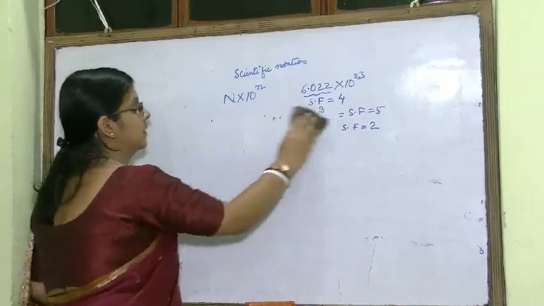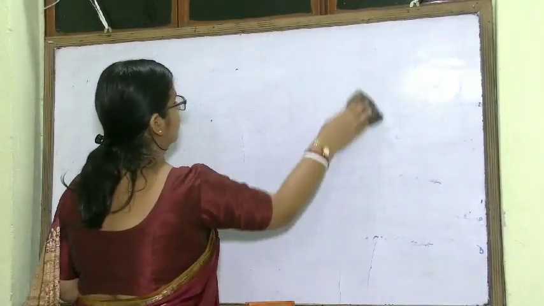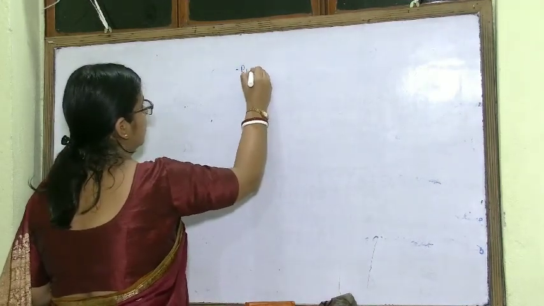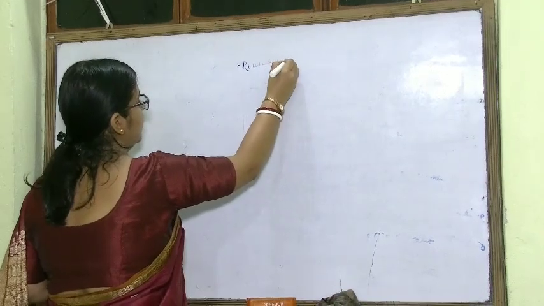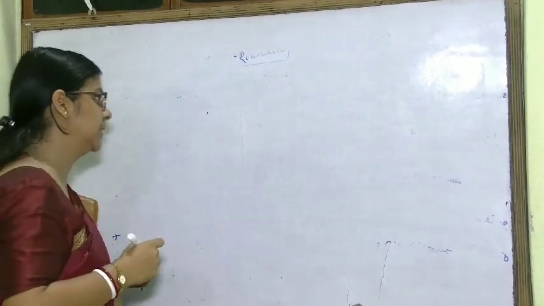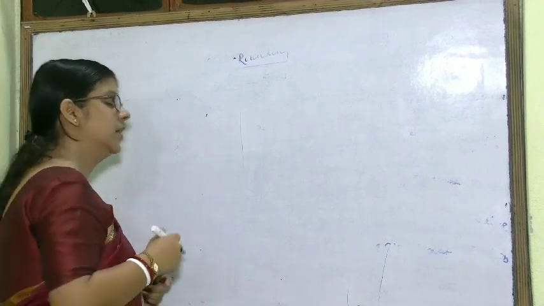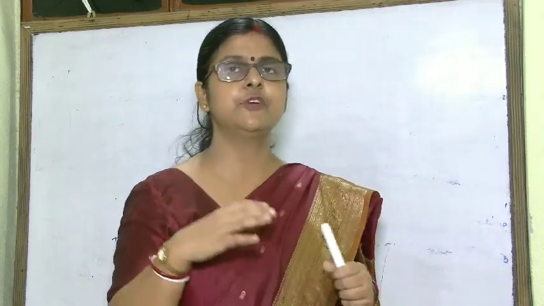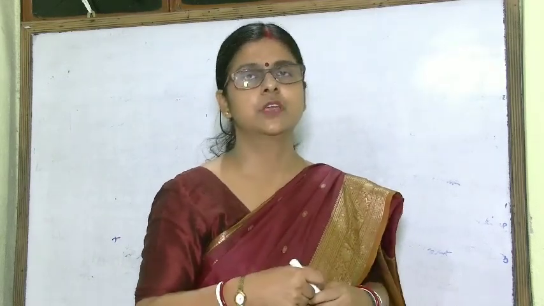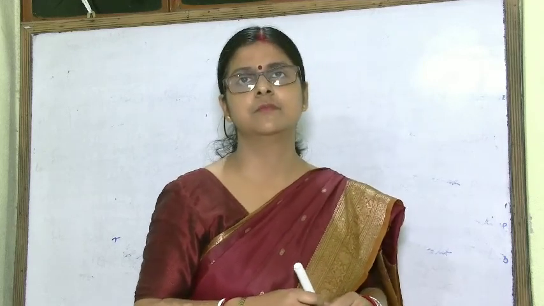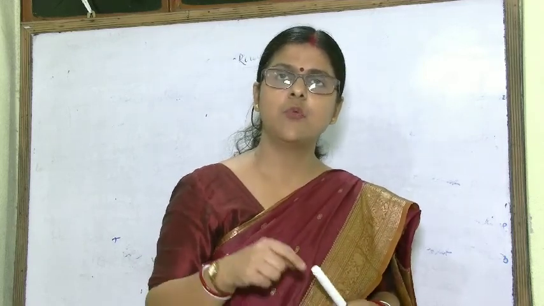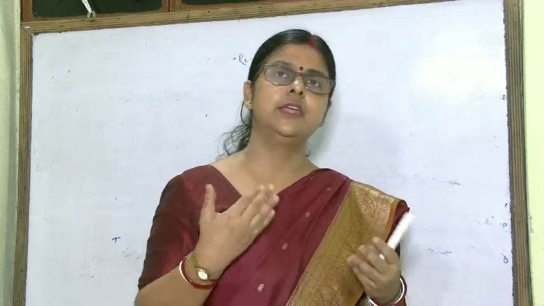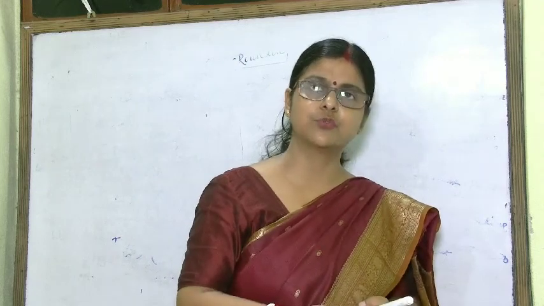The topic is rounding of numbers. Rounding numbers, this rounding off. How can you round off a number? For rounding off any number, you will have to follow certain rules.